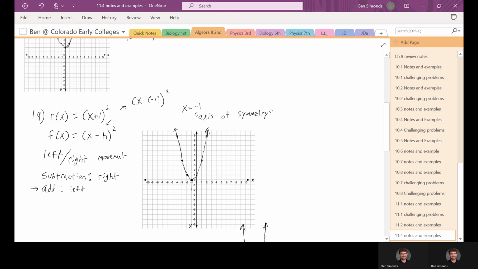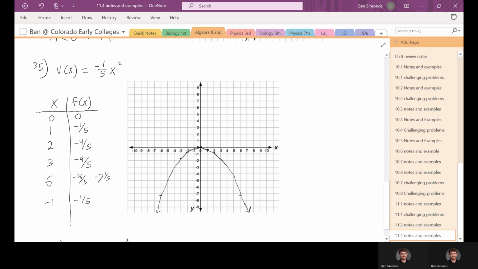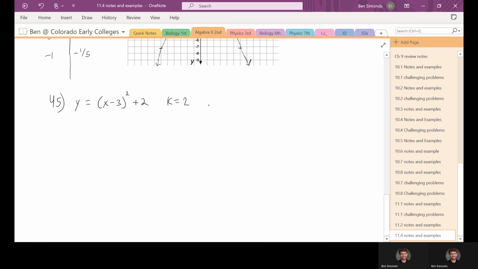And because we've subtracted, we know we're moving to the right. So h equals 3. So what does that mean? Well, k equals 2 means move up 2.